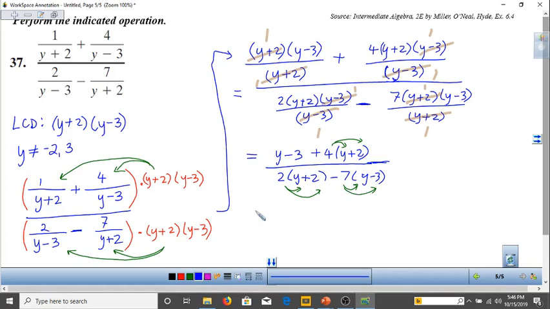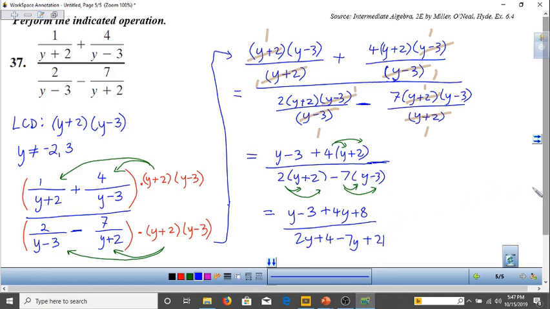So we have that's equal to y minus 3, and let me just make sure there's no confusion there, plus 4y plus 8, because of distributing the 4, over 2y plus 4 minus 7y plus 21.